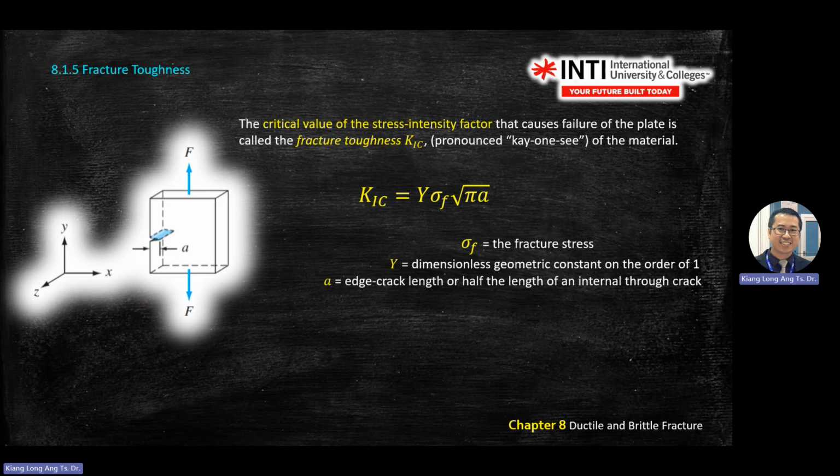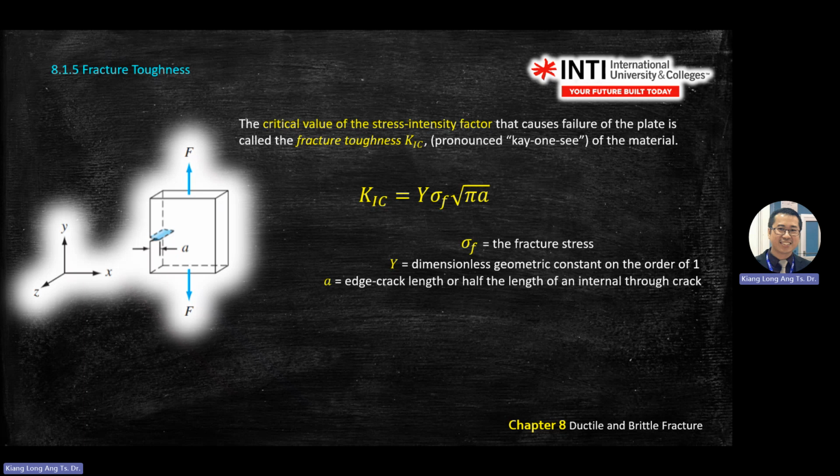Another one is you add a C there. When you add a C there, it means it's critical already. Critical means the failure of the plane, it will cause it to fail. So we have K1 and K1C.